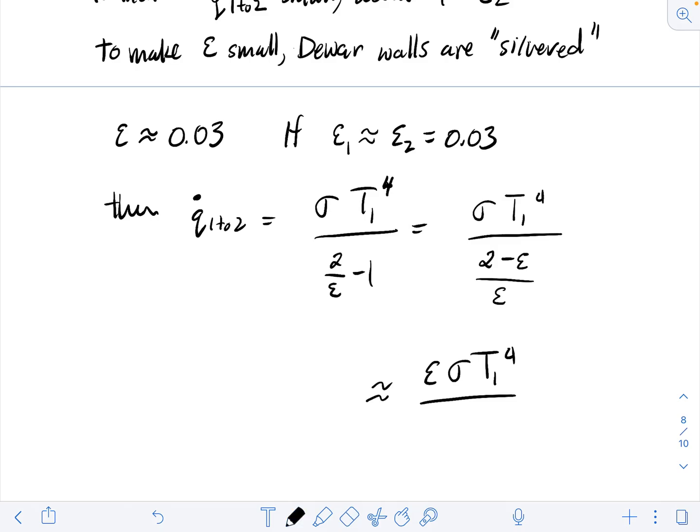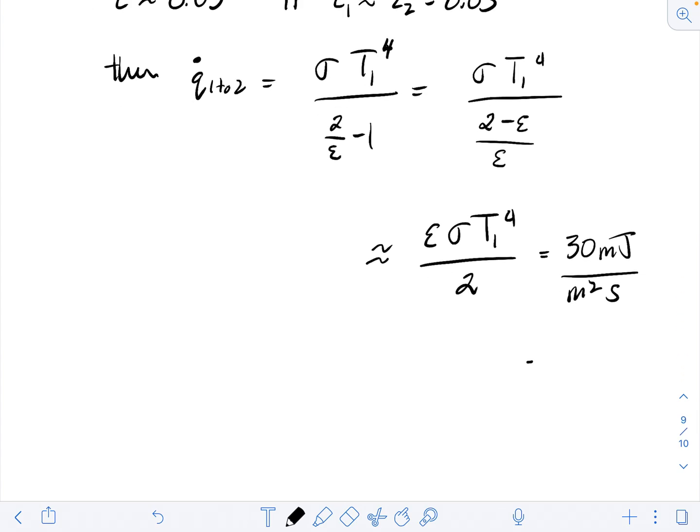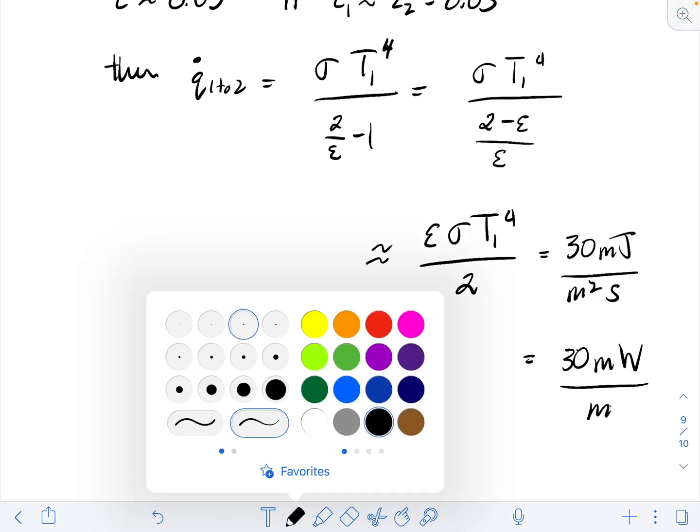And then 2 minus epsilon is 2 minus 0.03, so that's just practically 2. And this is equal to about 30 millijoules per meter squared second, or 30 milliwatts per meter squared.